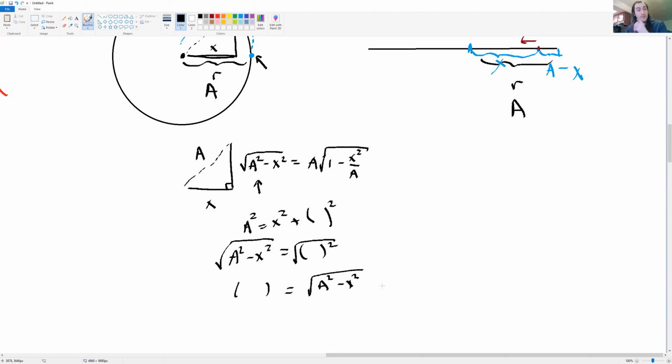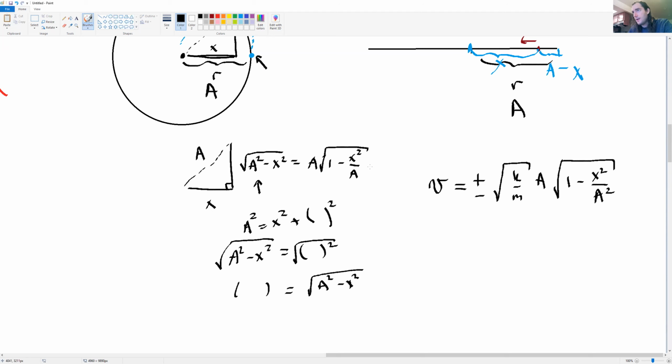Right? So things are starting to look awfully familiar to me. I don't know about you guys, but didn't we just say that the velocity at any point was the square root of k over m, times a, times the square root of 1 minus x squared over a squared?